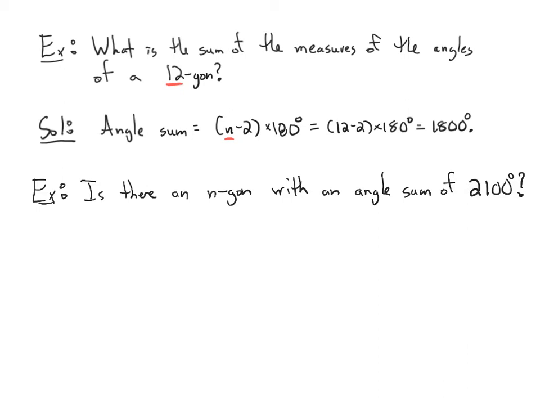Okay. Well, let's check. Maybe a good idea here, pause the video, see if you can figure out how to solve this problem. Okay, now that you're back, well, now we have the angle sum, and we want to solve for n.